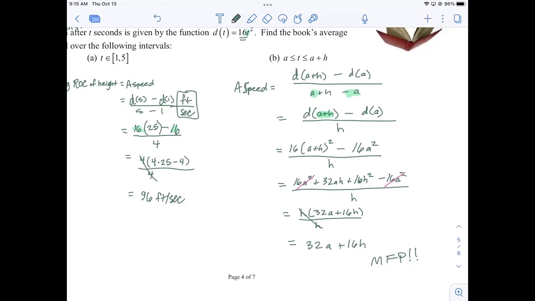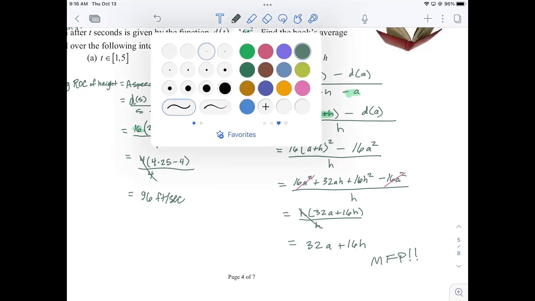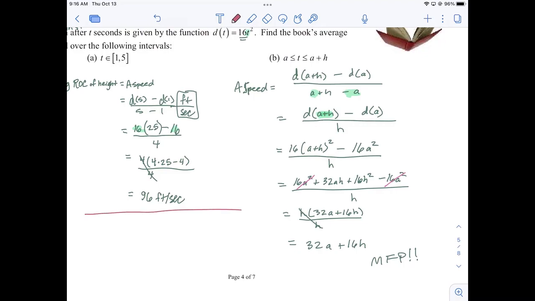This gives us a way to find the average speed now between any 2 points, a and a plus h. Let's try it out on the one before. If I want to know what the average rate of change is from 1 to 5, that's from a equals 1 to x equals 5. That means a is 1, and how far away is 5 from 1? 4, so h would be 4.